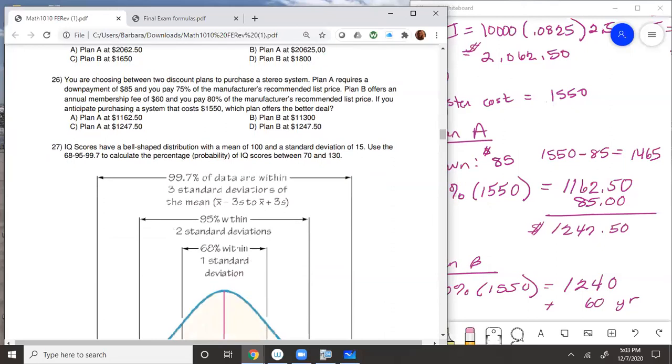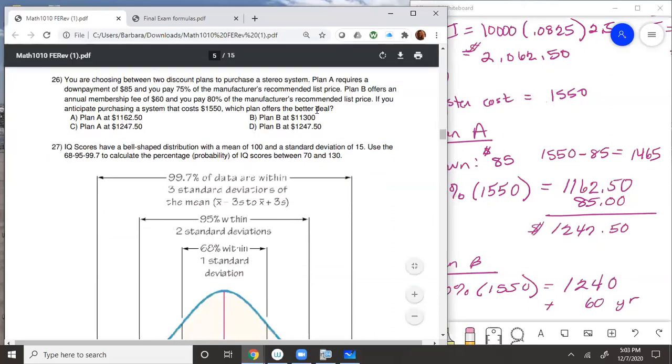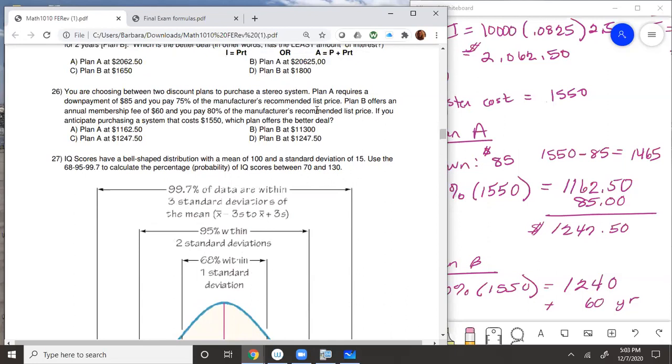Now, this is very different from what you would do when you buy a house. When you buy a house, you don't figure out the loan amount until after you've paid your down payment, because you're not borrowing the entire amount. So if you put money down, you have to subtract that from the price of the house to figure out what you want to borrow. Okay, so this is a little different.